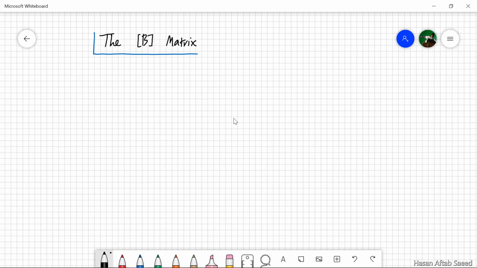We encountered this in our introduction, and the B matrix actually links the strain vector with the nodal displacement vector. Now, in case of 1D problem, this takes the form epsilon is equal to BU.